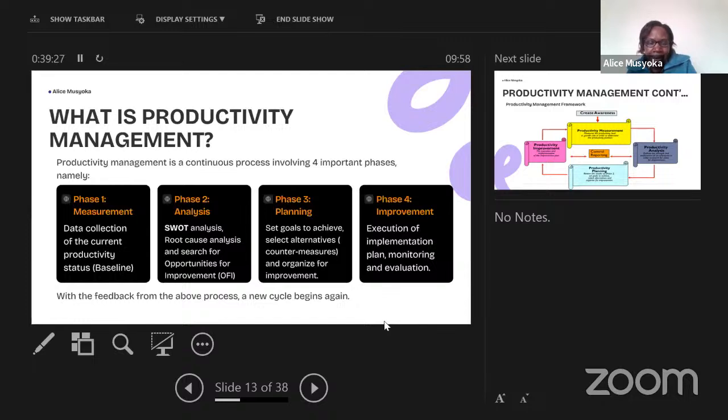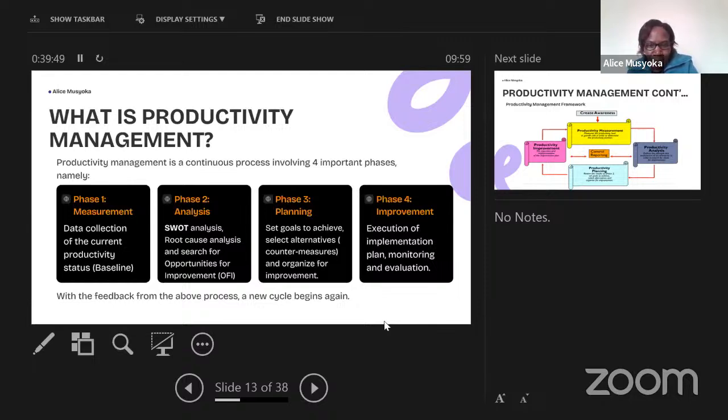And you plan how you are going to measure the productivity. Phase number 4 is on execution or implementation, where we have plan, monitoring, and evaluation.